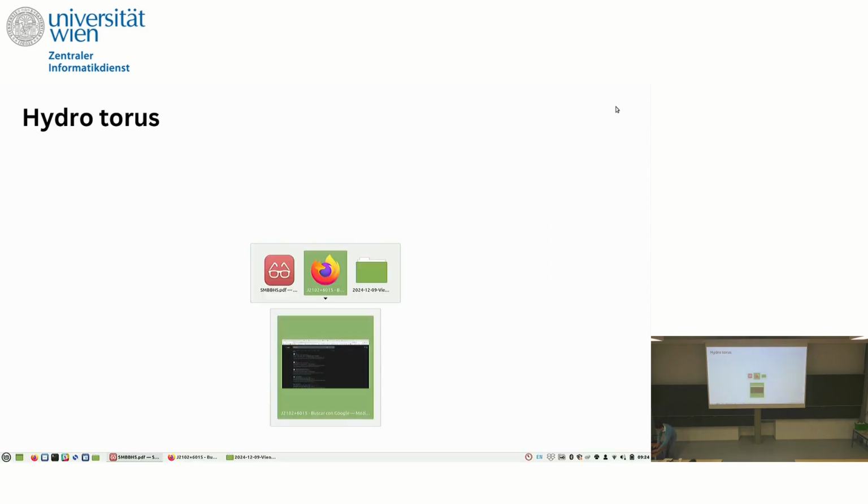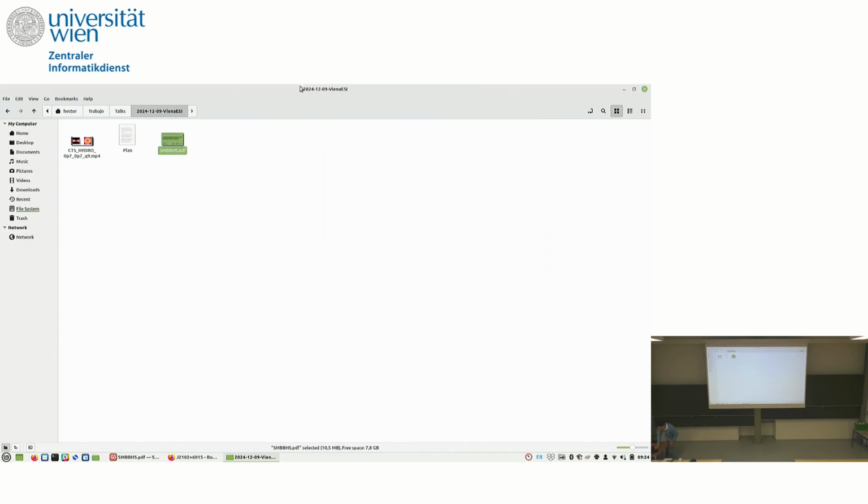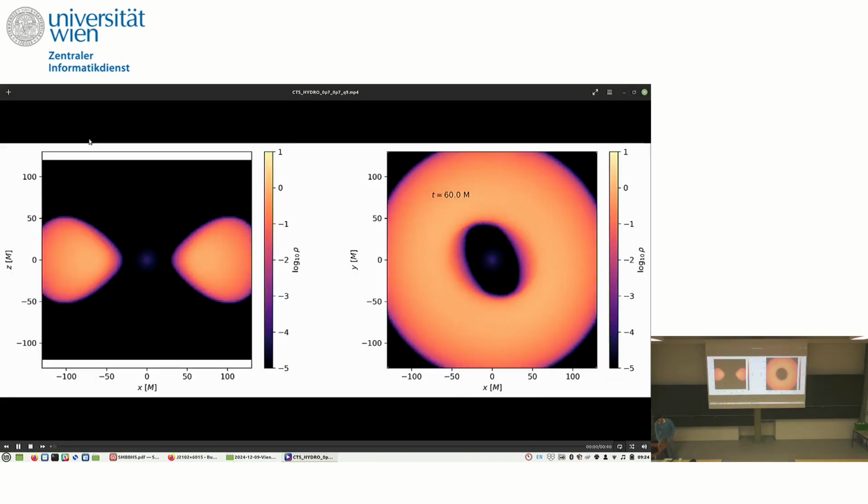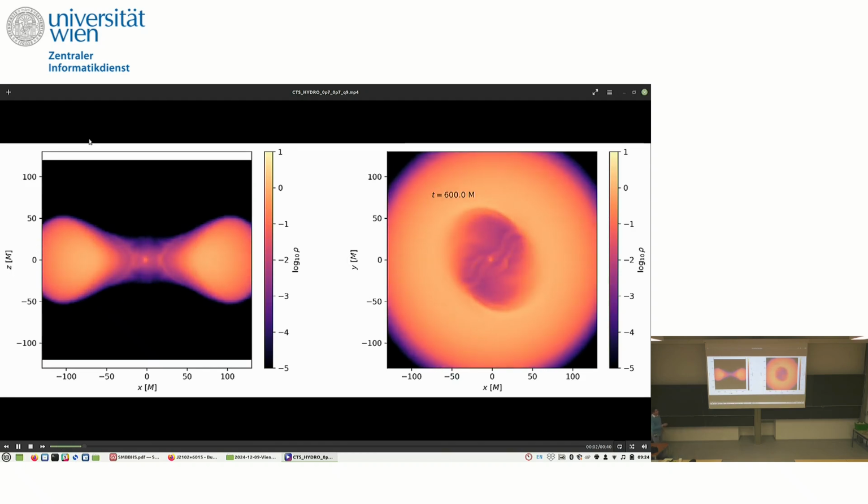So, I just wanted to show you quickly a simulation of how this looks for a purely hydrodynamic torus. This is made in a Cartesian simulation. It is for a binary with mass ratio 1 to 10. The primary is here. The secondary is somewhere here at radius r equal 10.